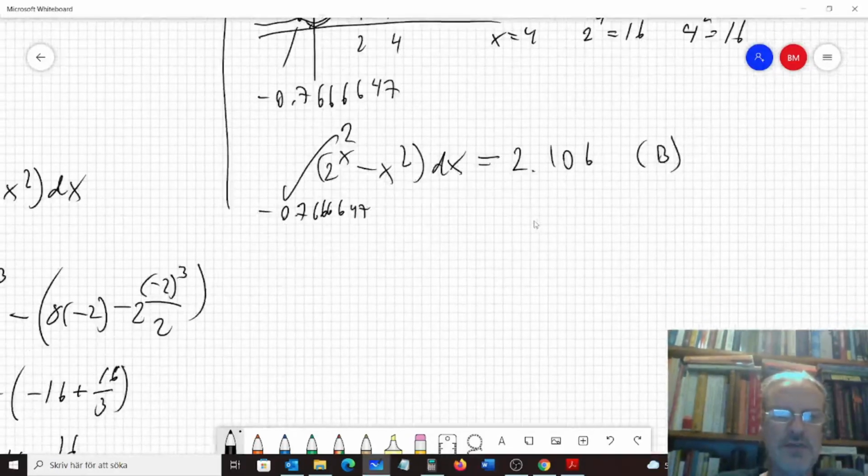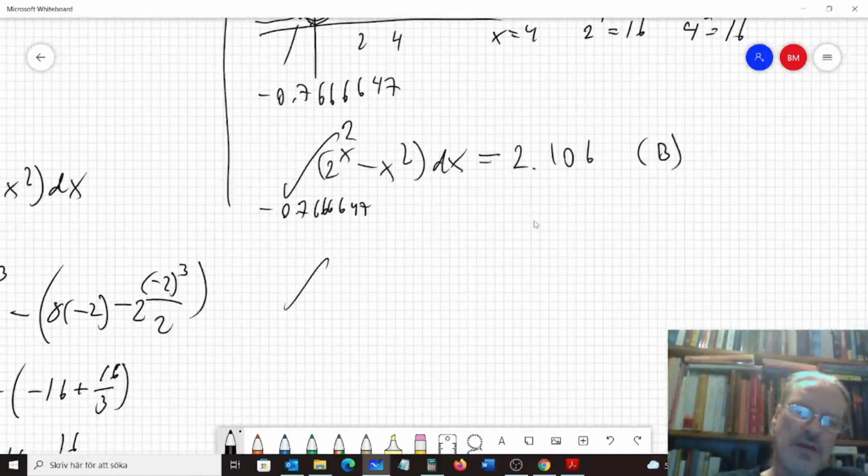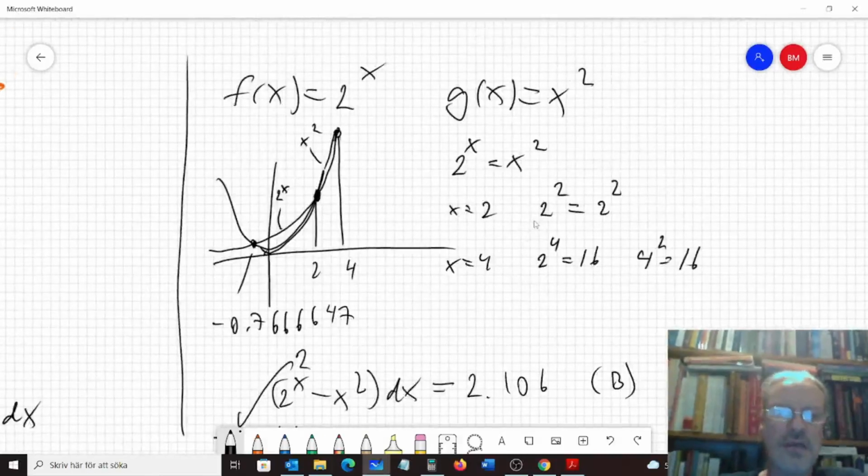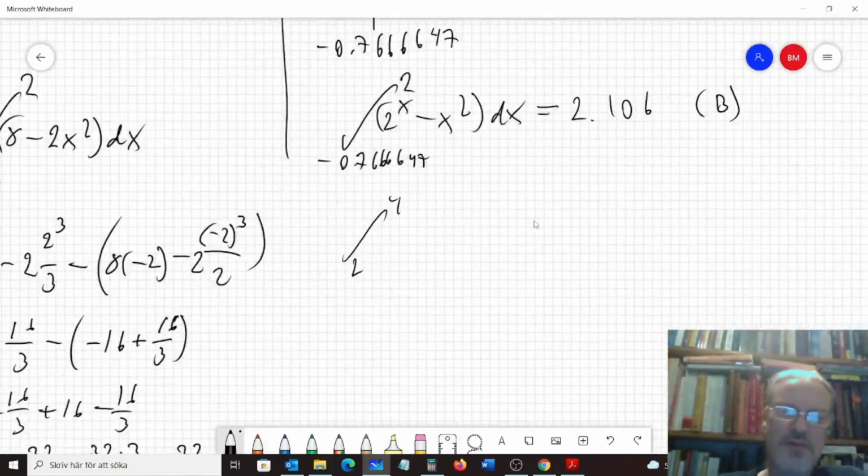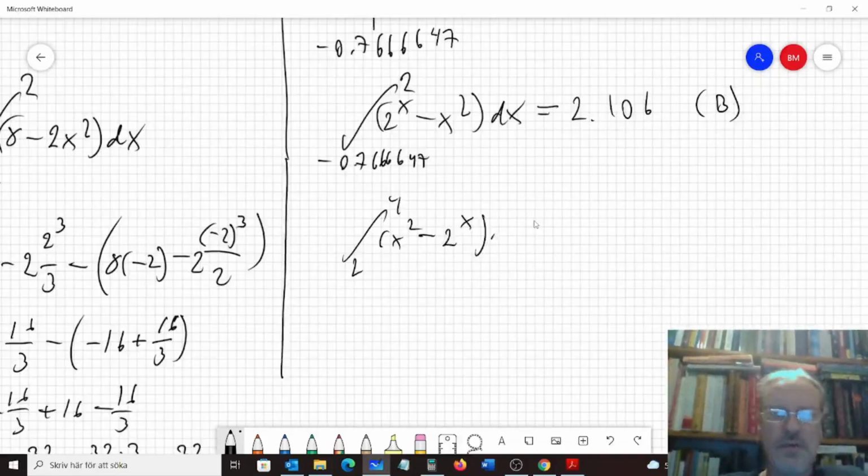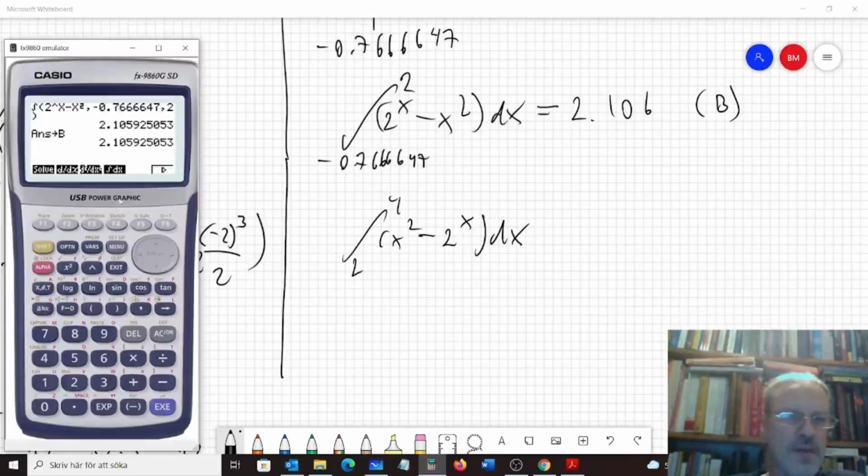And then we need to do a second integral. We need to integrate between 2 and 4. And as we can see here, the x squared is now the topmost function. So we take x squared minus 2 to the power of x with respect to x. So yet again with the calculator, the integral of x squared minus 2 to the power of x from 2 to 4.